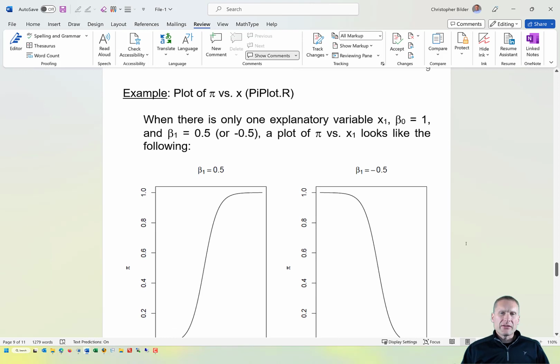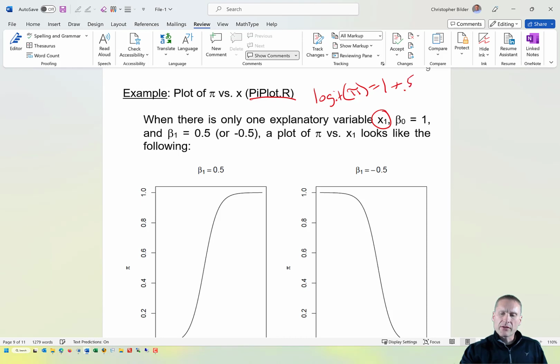Okay, so let's take a look graphically at what this model looks like. My corresponding code is in the program pyplot.r. And let's say that we only have one explanatory variable. So our model is going to be logit of pi is equal to 1 plus, now I have 2 plots here.